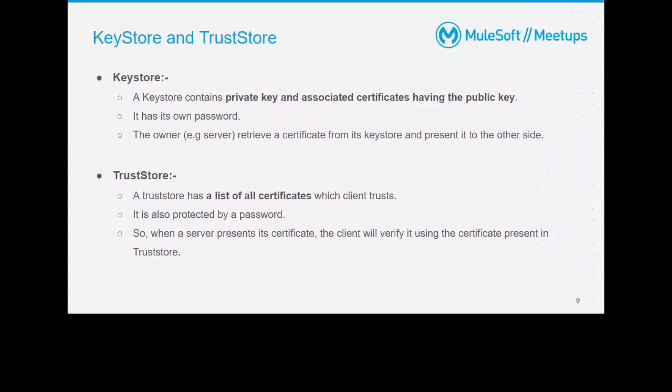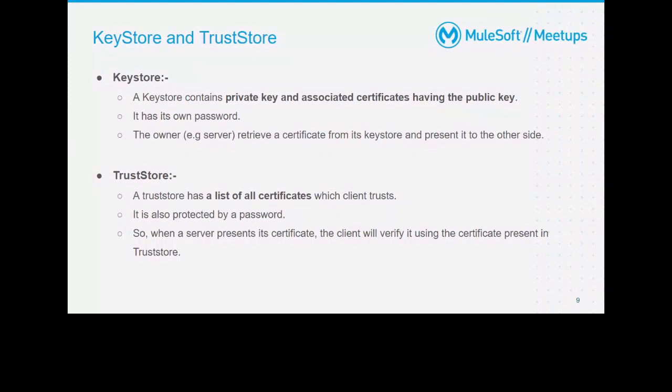The name itself represents it: the key store will store the private key and associated certificates having the public key. This key store has its own password. The certificate resides inside the key store. In the case we saw, the owner was the server, so the server will retrieve its certificate from its key store and present it to the other side. Now, the trust store.